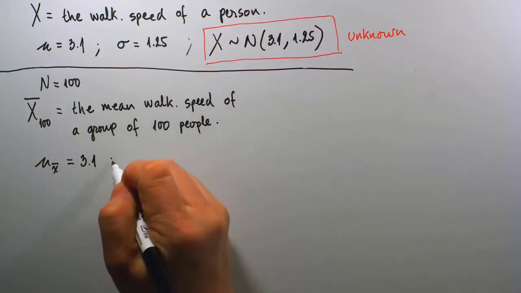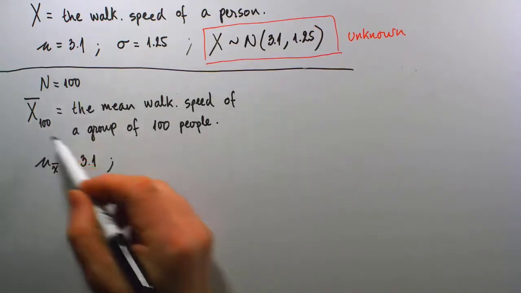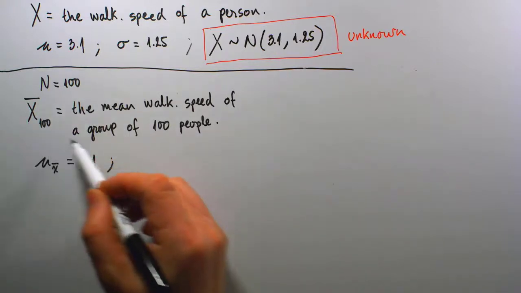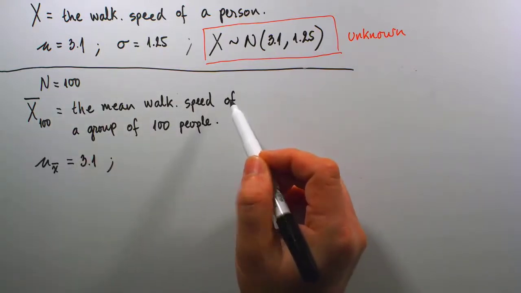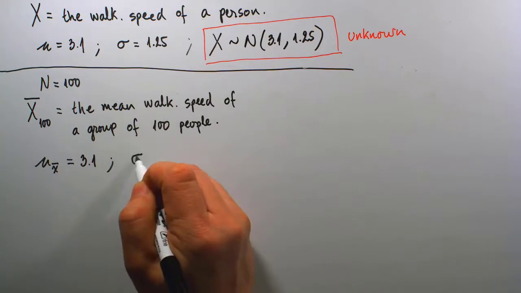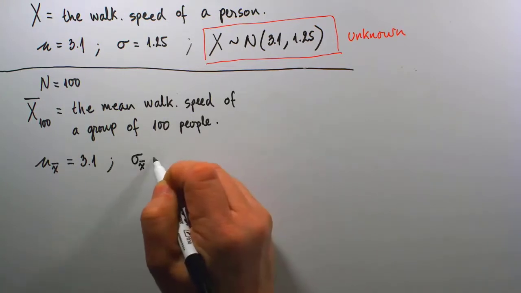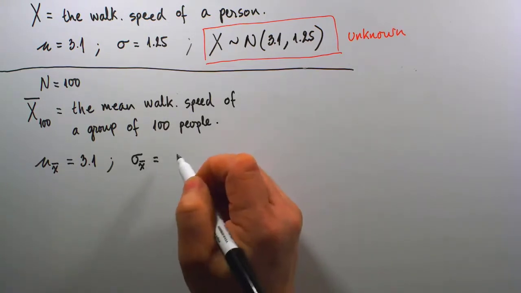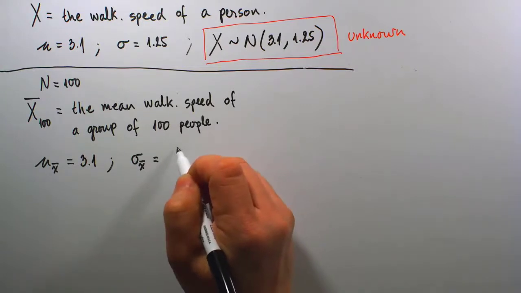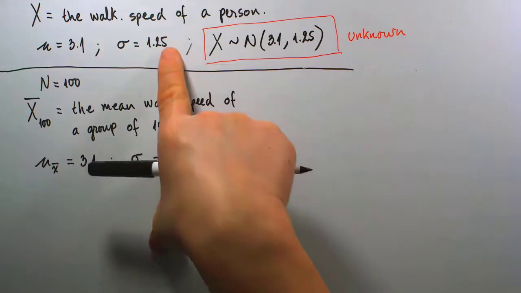And then similarly, the standard deviation or average spread on this population of sample means here, symbolically sigma X bar, can be calculated with our known standard deviation from the beginning population.